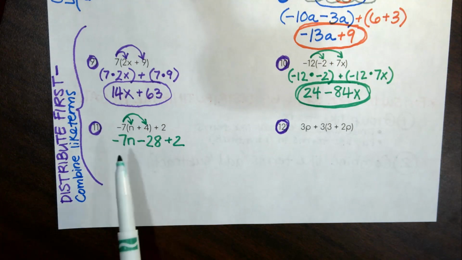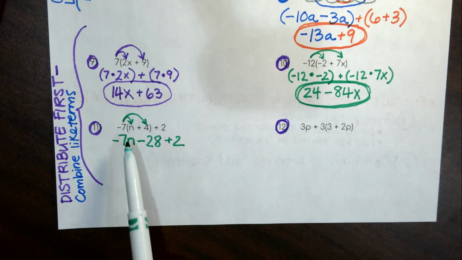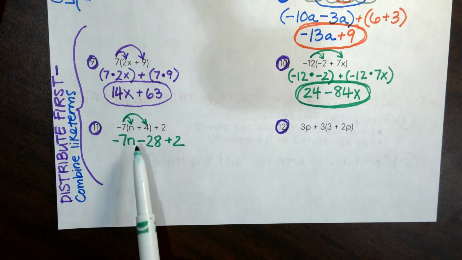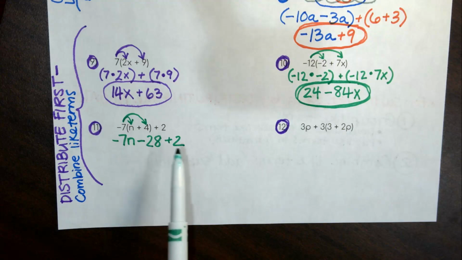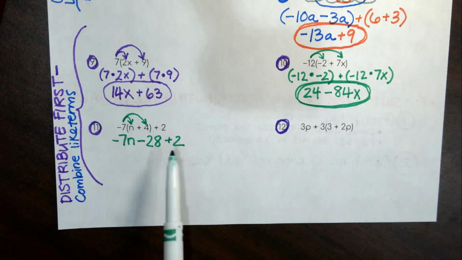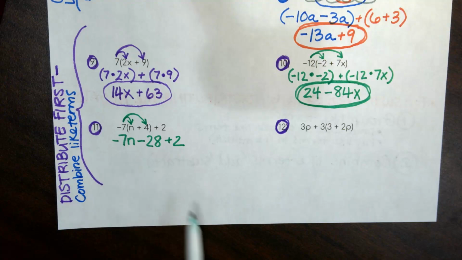Do we have any like terms that need to be combined? Yeah. So let's look at all of our terms one by one. I've got a -7 attached to the variable n. I've got a -28 with no variable. I've got a +2 with no variable. I've got 2 terms with no variables, so yes, we can put those together.